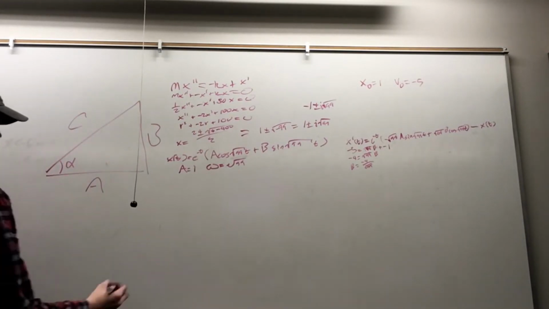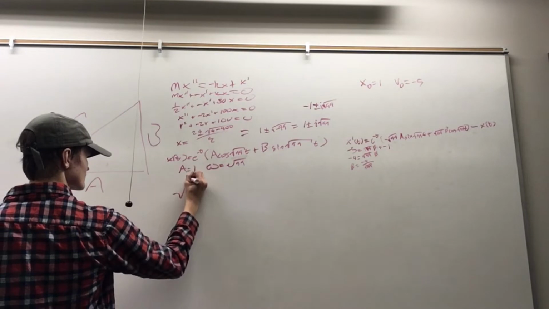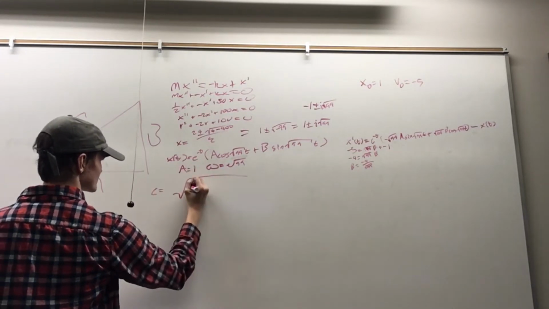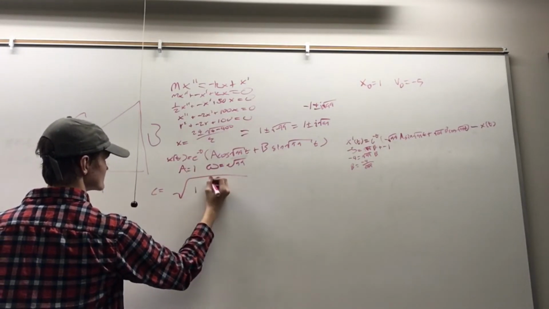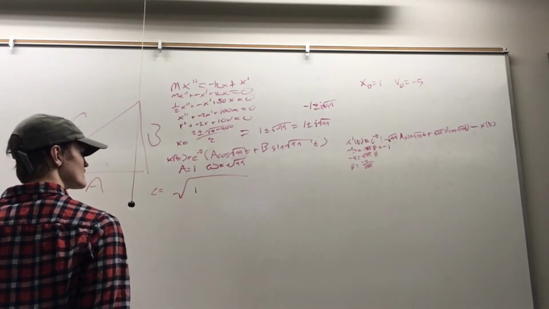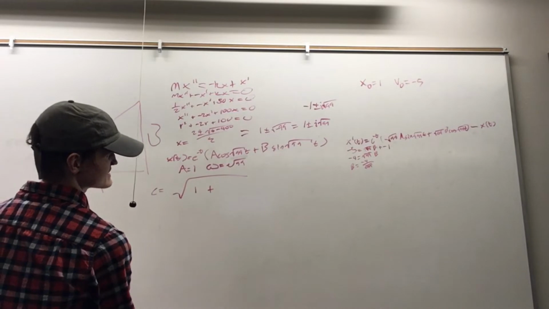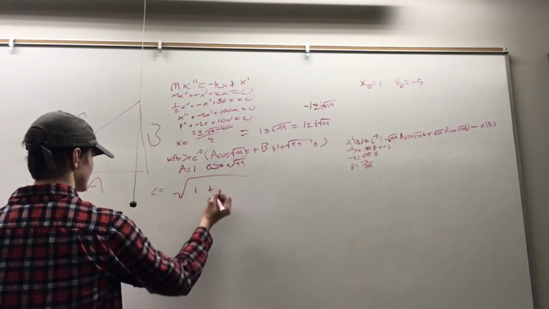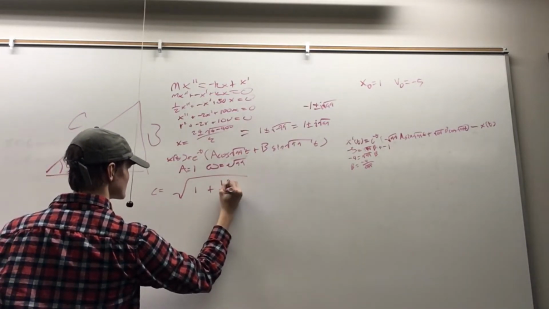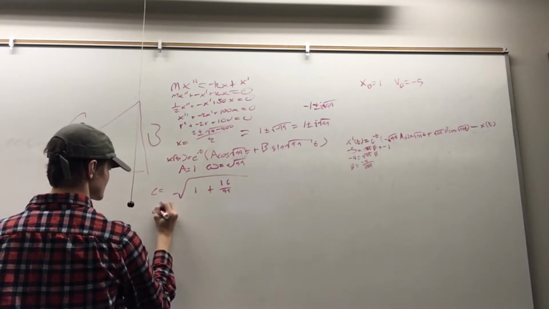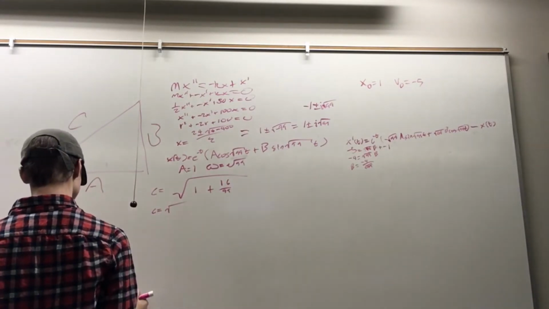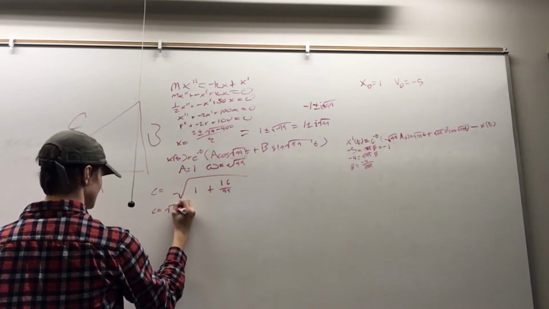So C in this case is the square root of A squared, so 1, plus B squared, so that's 16 over 99. 1 plus 16 over 99 is C equals square root of 115 over 99.